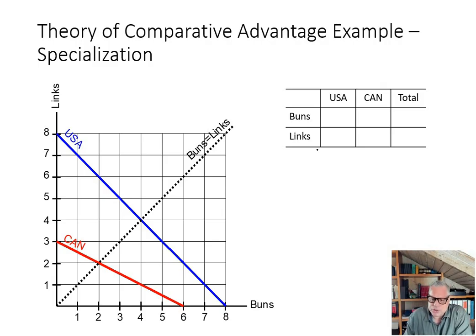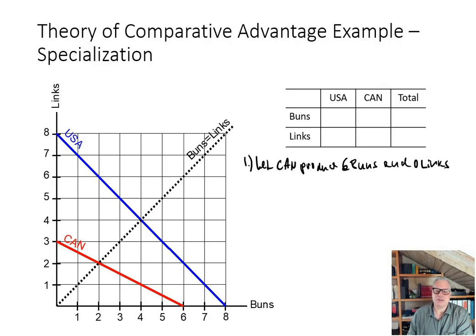So therefore we start with Canada and we say step 1 is let Canada produce 6 buns, because that is where it has a comparative cost advantage, and 0 links. Okay, so that's the easiest. So let Canada specialize at this point here. That would be the point of production.